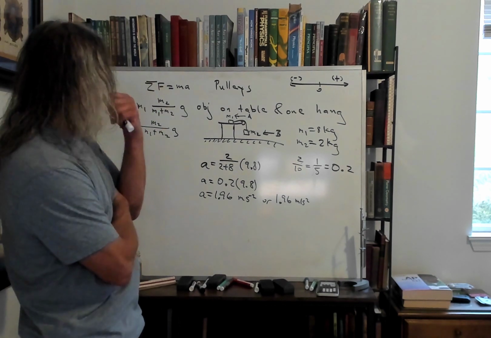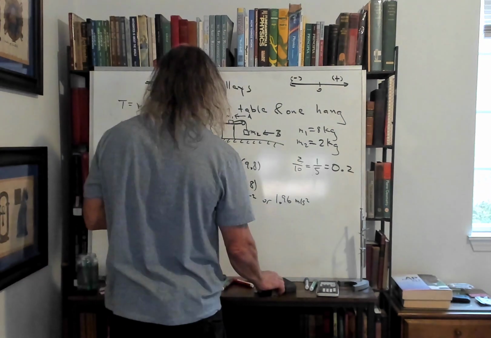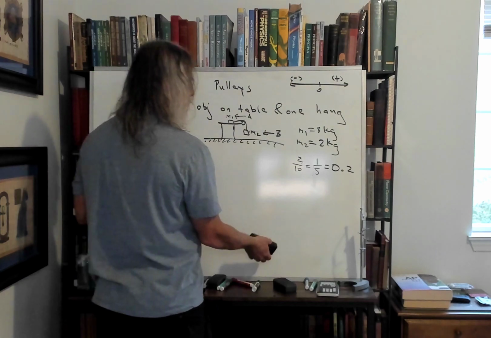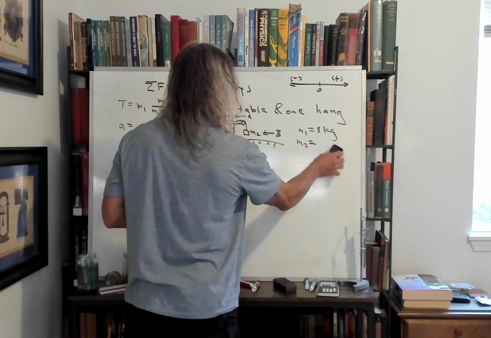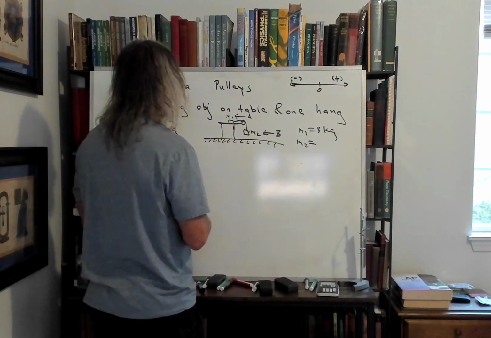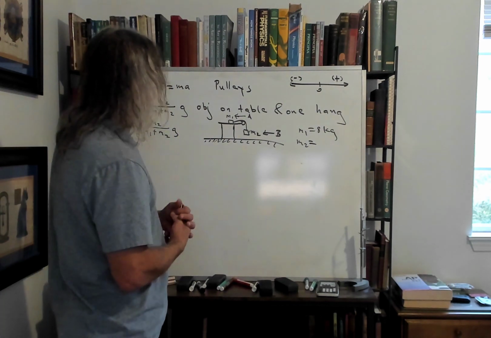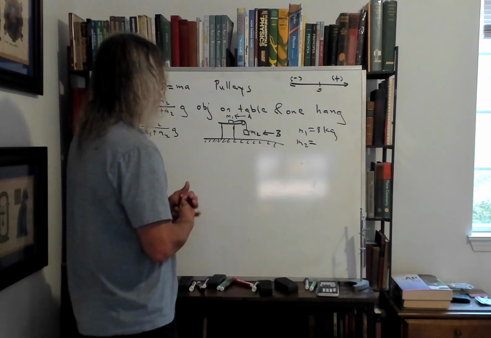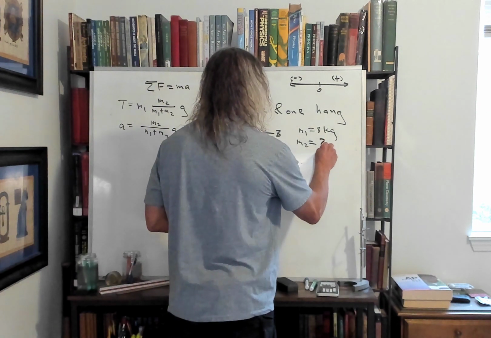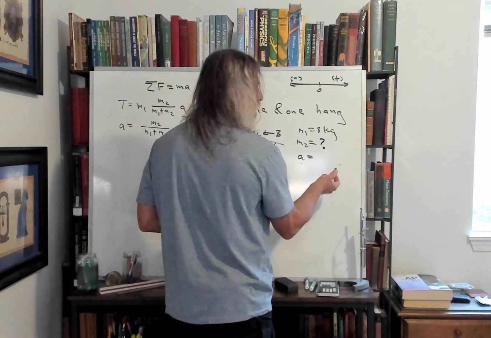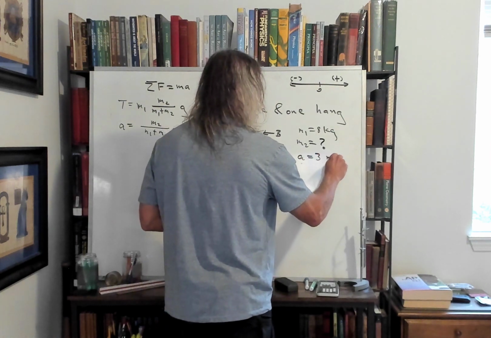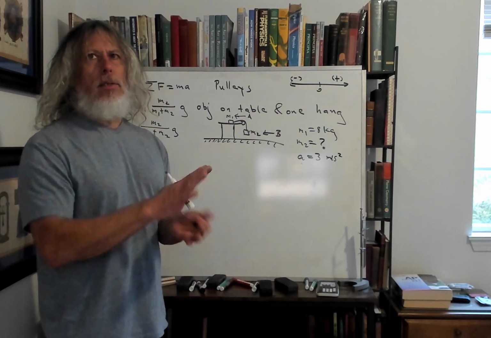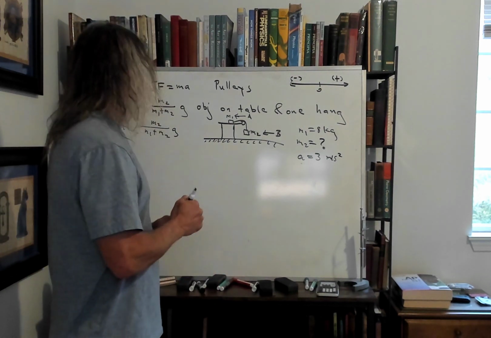Like let's say we have mass 1 is 8 kilograms. Mass 2 is unknown. Acceleration 3 meters per second squared. We should be able to work our way around in this and do different things. Use the formula different ways.